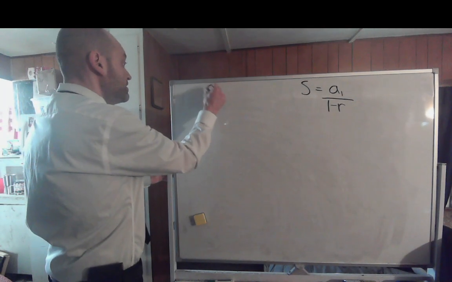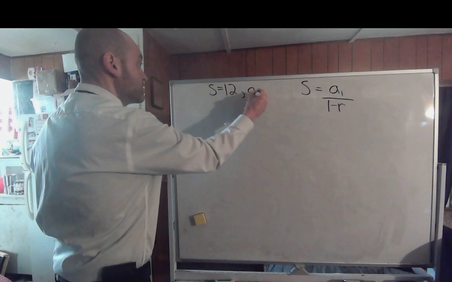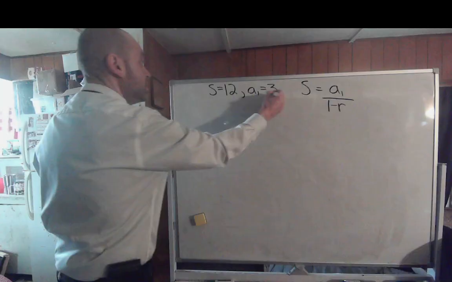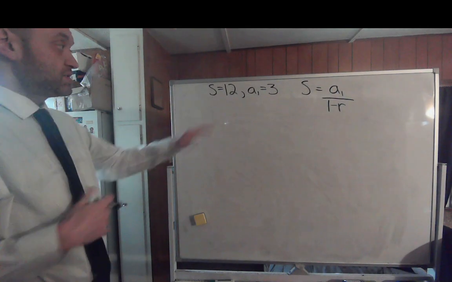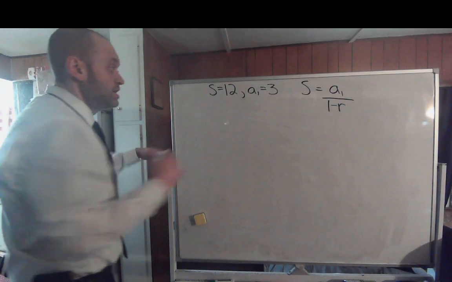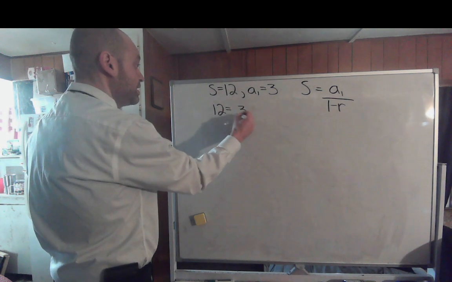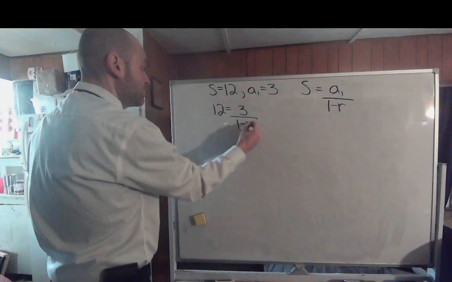The sum of this infinite geometric series is 12, and your first term is 3. So let's plug this into the formula. 12 would equal 3 all over 1 minus r.